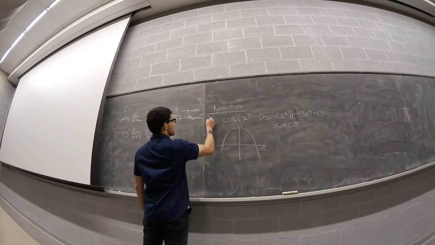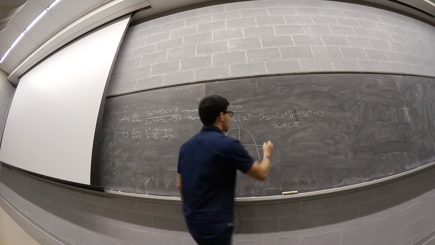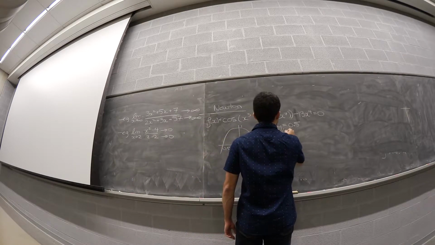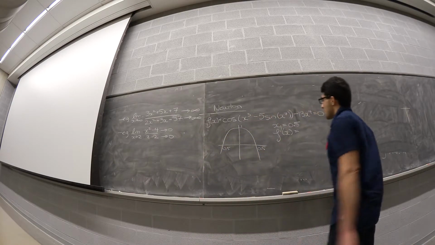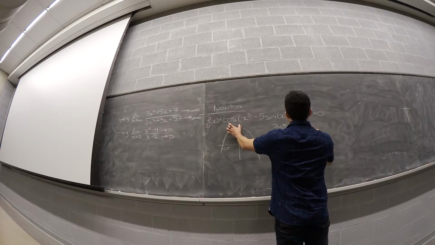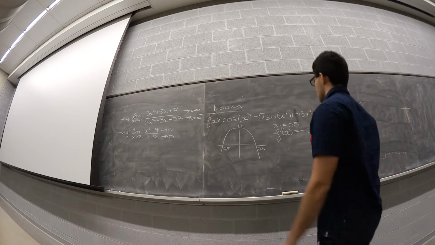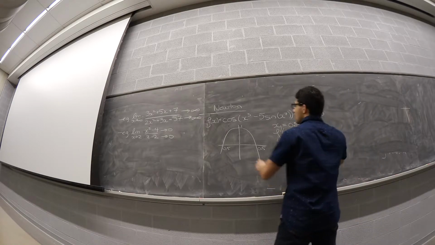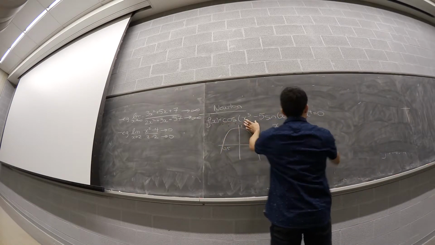So, this is my function, the zeros I'm trying to find. Let's find its derivative. This was a very bad idea. Okay, cos becomes minus sine.